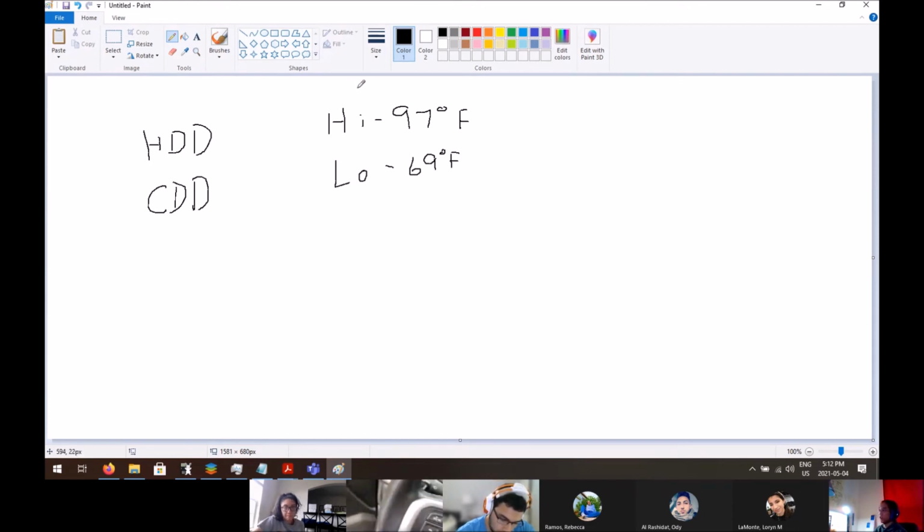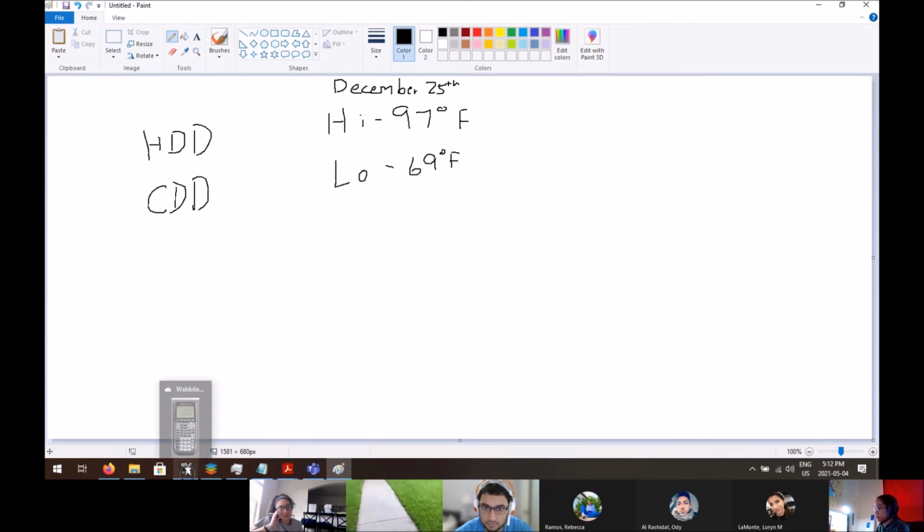This is for a day, say December 25th. I think it's super inaccurate. So December 25th, we have 97 degrees Fahrenheit as our high and 69 as our low. To calculate the average, we add those two together and divide by 2.